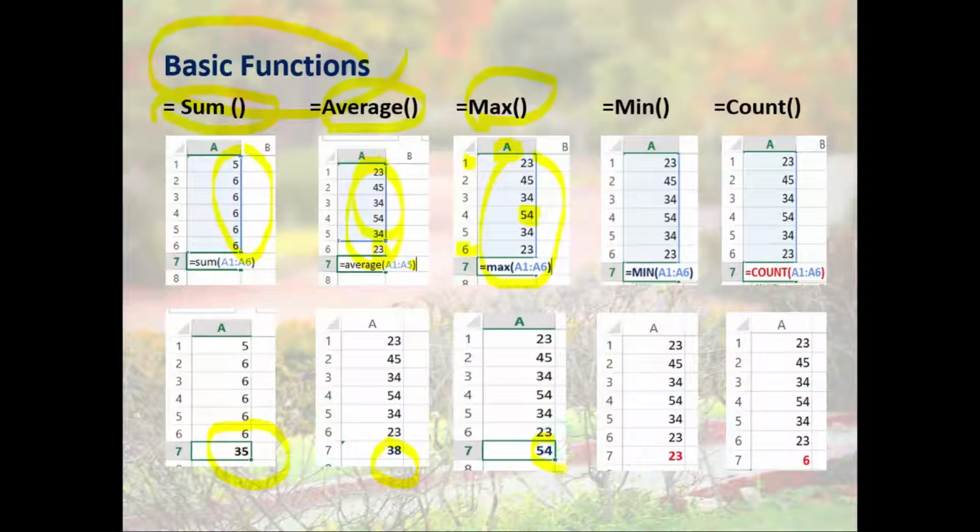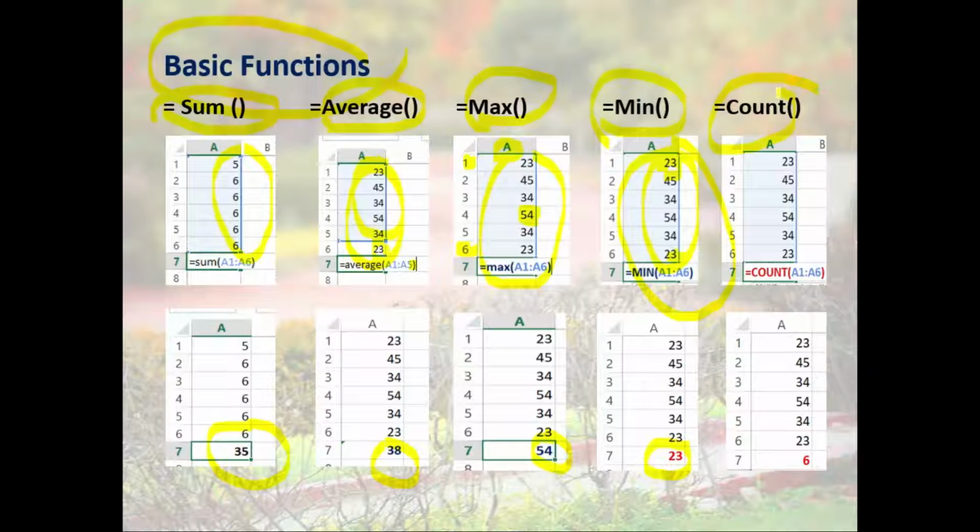So the answer is this one. And the next, min. Min means the lowest, paling kecil, student. You can see here 23 is the lowest. So if you type equal min, open bracket, you can block, or you can type A1 until A6. So the answer is 23.